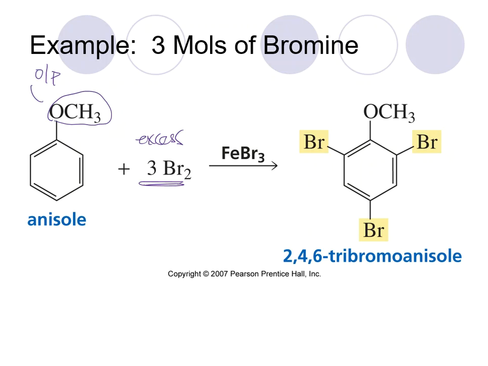And that's what you're seeing in the product of 2,4,6-tribromoanisole. That's simply because we had so much bromine in solution. It was looking for any O or P spot that it could.